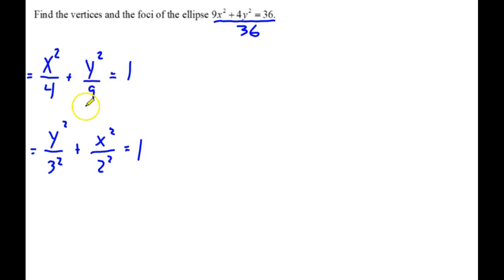We can see our larger value in the denominator corresponds to the y squared term, so we're going to write that term first. And then we're going to also write the denominators so that there's some value squared. So our new equation is y squared divided by 3 squared plus x squared divided by 2 squared equal to 1. Now we're in a form where we can go back to the table and use that table to identify the vertices and the foci.